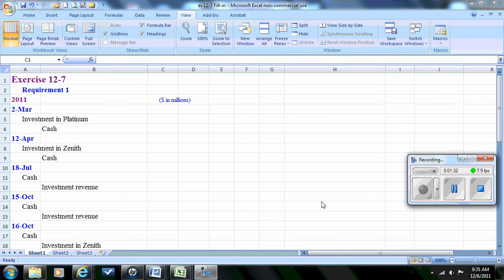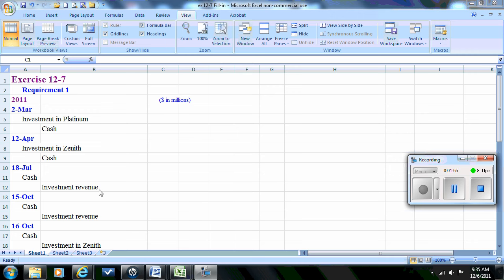We have a partially completed set of journal entries. We've put in the account names, and we're just going to do the measurement for the dollar amount. Remember, when we have investments, when we purchase them, we will set up a separate asset account for each of our investments so we can track them.